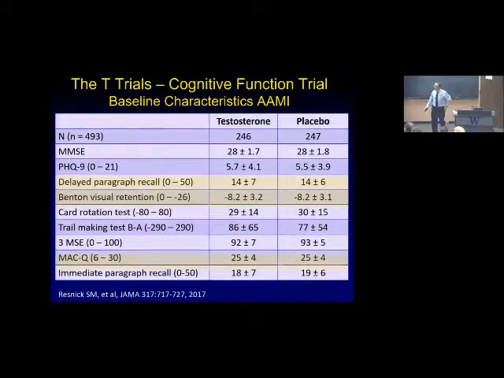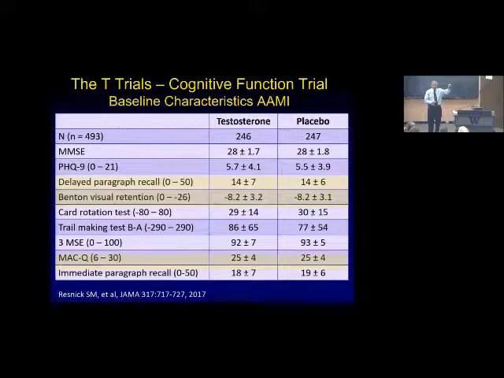In this trial, individuals within this 790 cohort qualified as having what's called age-associated memory impairment, AAMI. That is, they had a subjective complaint of a memory problem, and they had performance on a memory test that was appropriate for their age, but much less than their younger population. So their T-scores for performance on cognitive function tests or memory tests were less than when they were young.